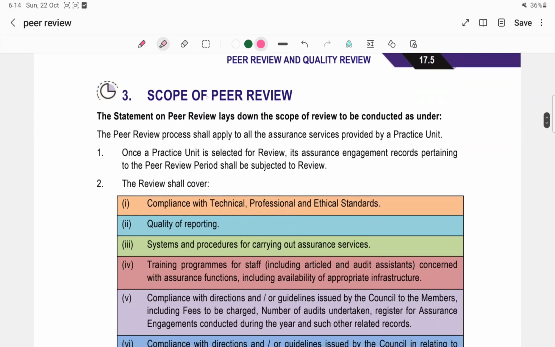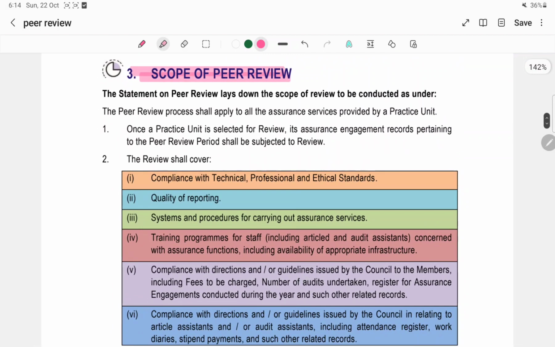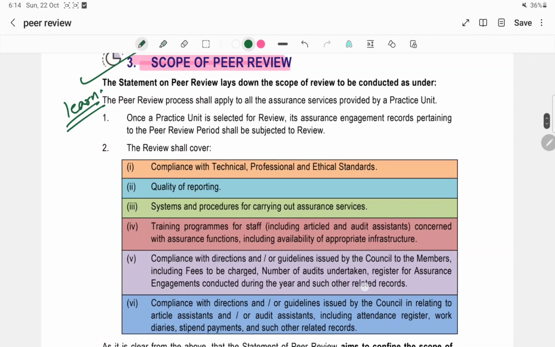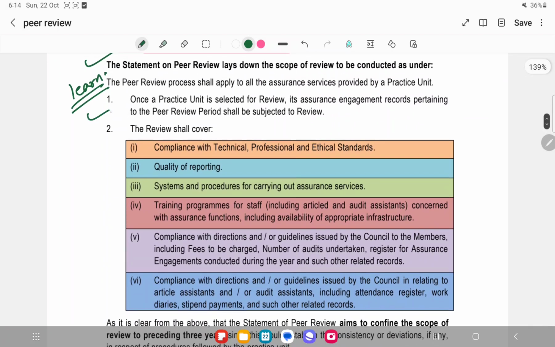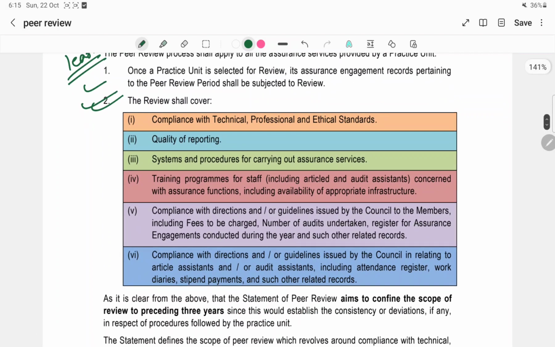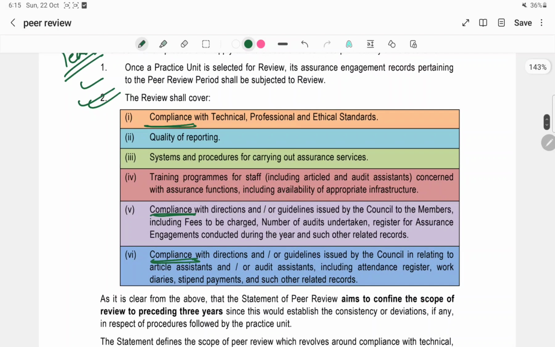Okay, now we will come to the scope of peer review. In the scope of peer review also you have to learn. See, very easy points are there. Here is compliance. Again, the fifth point is compliance, then the sixth point is compliance.